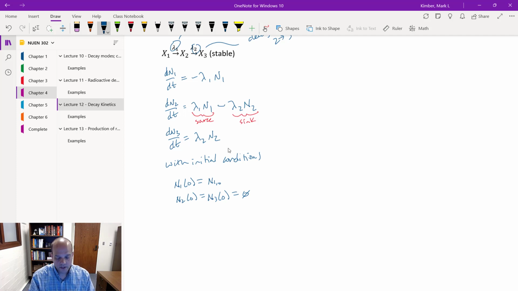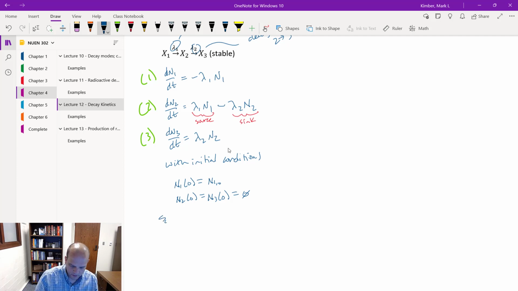So looking at this first differential equation up here, these are our 3. And there's nothing new, just as a reminder, there's nothing new about that expression for isotope number 1. It's just a simple decay process going from isotope 1 to some daughter product.